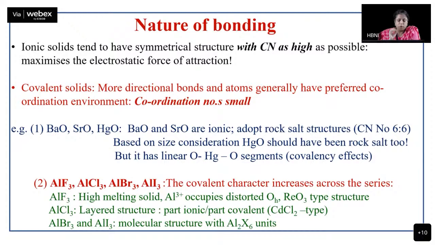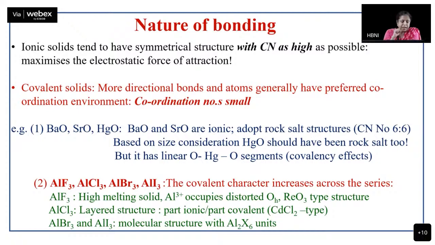Now coming to this very simple series: aluminium, going down the halogens, aluminium trifluoride, aluminium trichloride, tribromide, and triiodide. Now, what is happening down the series? The anion is becoming larger. The anion will have more polarizability. The covalency effect in the bond will increase. So the effect is seen in their crystal structure.